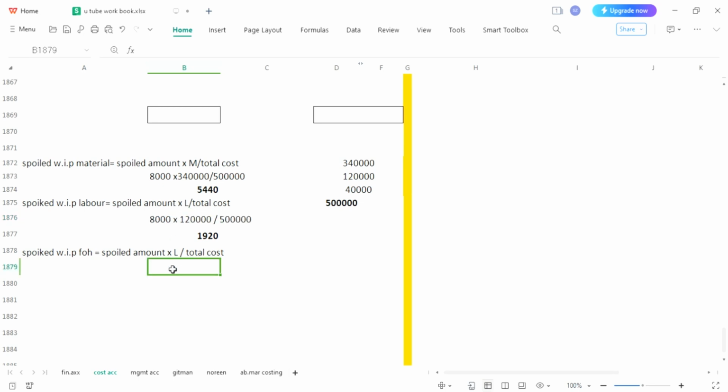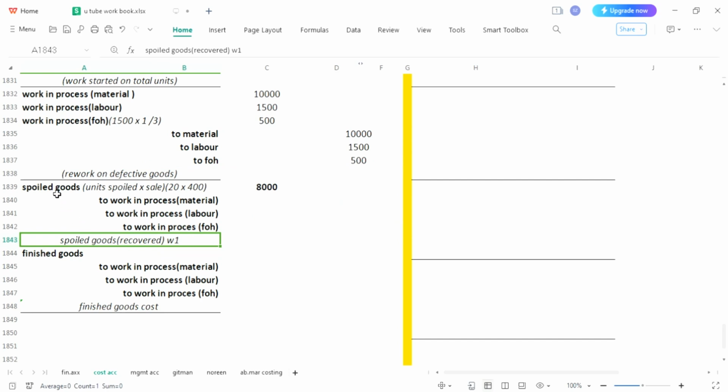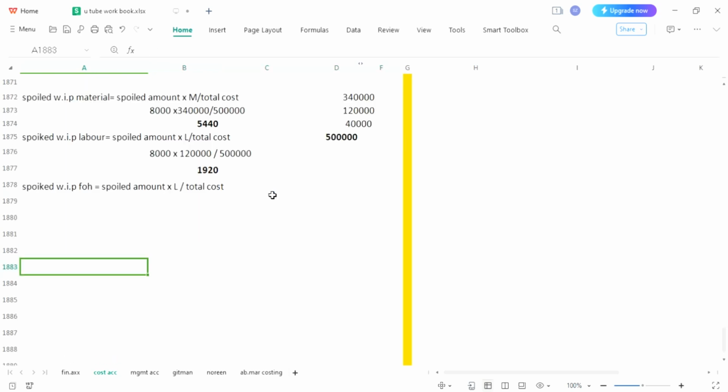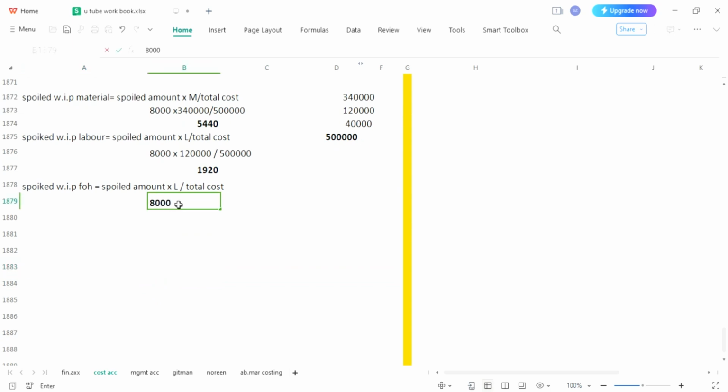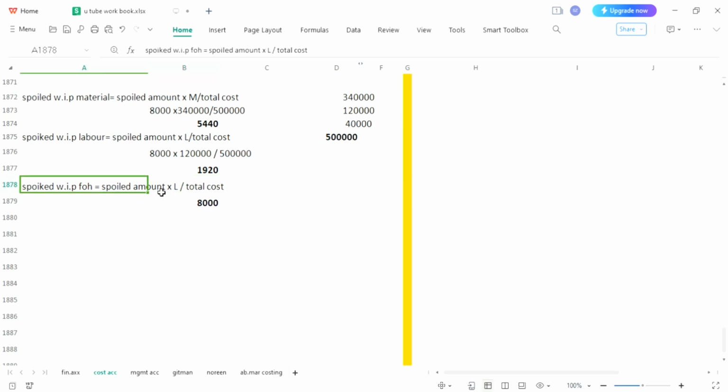As you know, in question you have already calculated spoiled amount 8,000. Then our next step is to see individual total of FH. This was third entry, which was for FH.